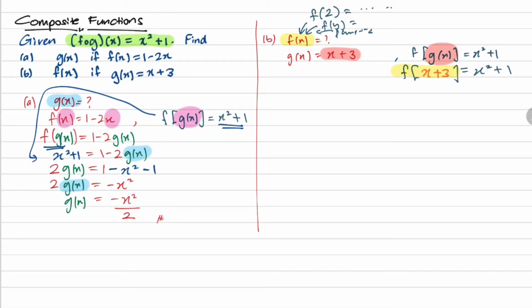Okay, but since we want to know what is the value of fx, I can simply change this to fy. So I can let this x plus 3 to be y, so that later on, I can change it back to be fx. It's just that changing from variable x to variable y.